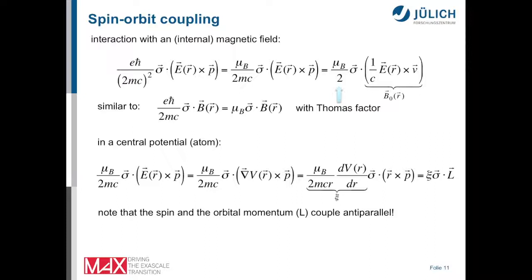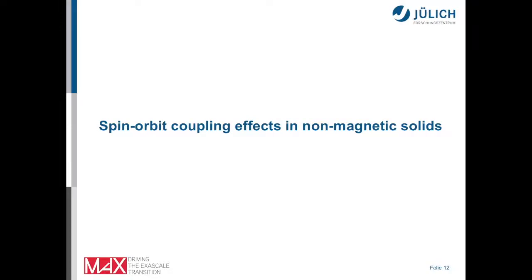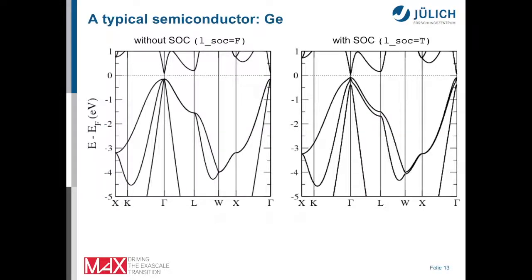Now, this about the theory. Now let's have a look what this spin-orbit coupling induces in realistic systems. And first, I show you a little bit how it looks in non-magnetic systems. And a simple example, you have seen yesterday the band structure of silicon. And today I show you a band structure of germanium, which is in the periodic table just below silicon.